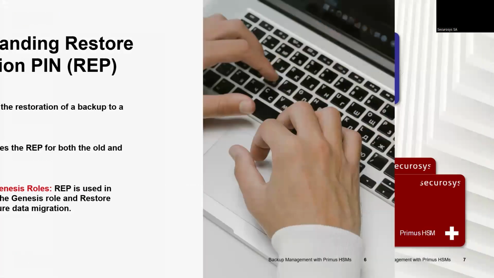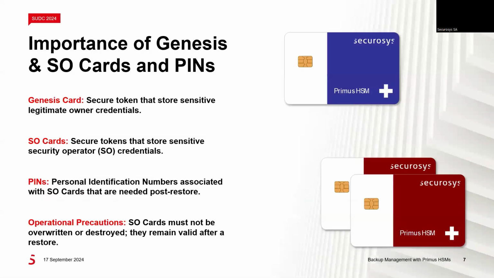The final aspects when we talk about making backups: we have the Genesis card, which is basically the card that belongs to the owner of the HSM. That allows the owner to do two-factor authentication, for example, on our X-series HSMs, where we have integrated smart card slots. And we also have the operator cards or the security officer cards, which are the red cards.